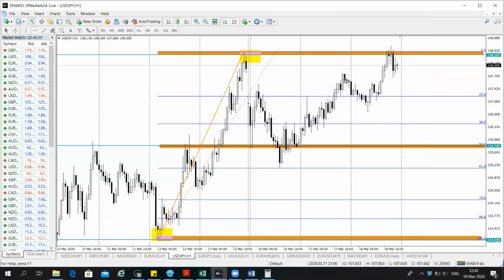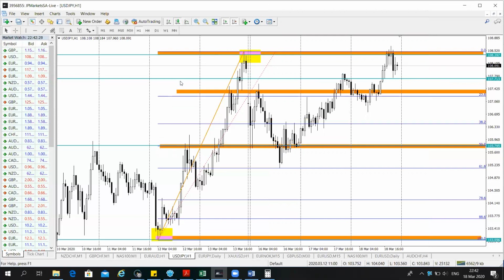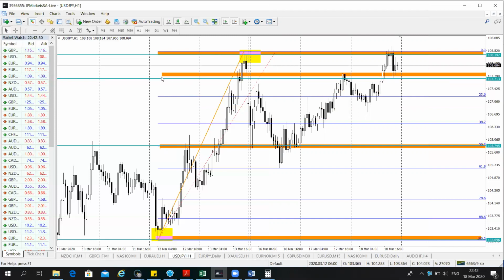Where is 107.0715? 107.07. Yeah, somewhere here, right? Okay, I can sell the market above that level. Any price above here, I can sell the market.